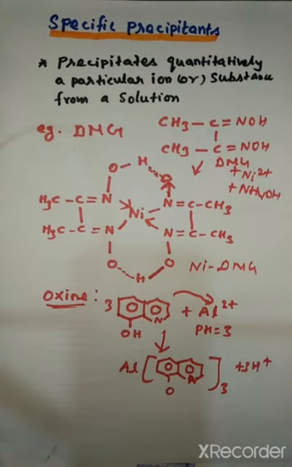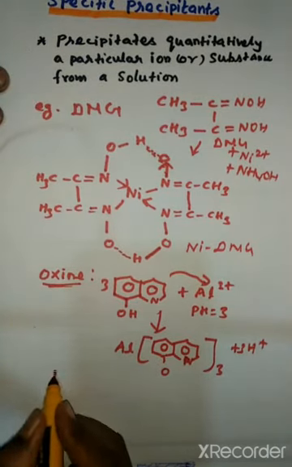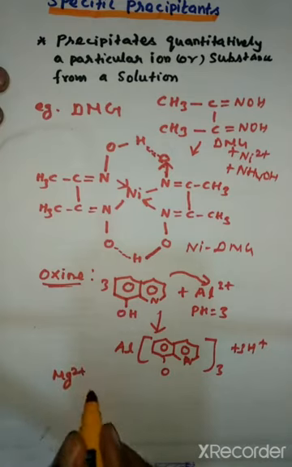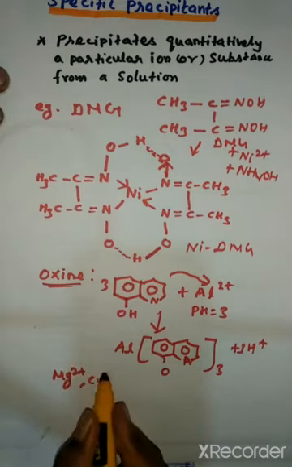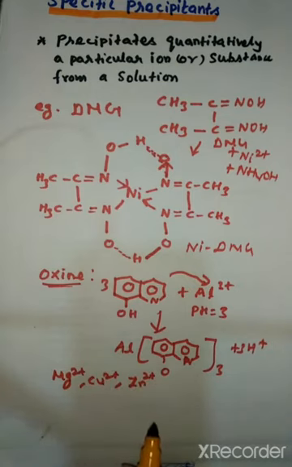In addition, some other metals can also be precipitated using oxine: magnesium, copper, zinc, and so on. The precipitate formed is called an oxinate, such as aluminium oxinate, magnesium oxinate, copper oxinate, zinc oxinate.